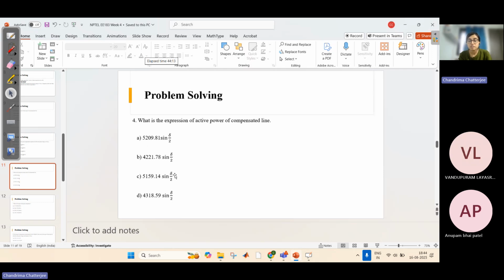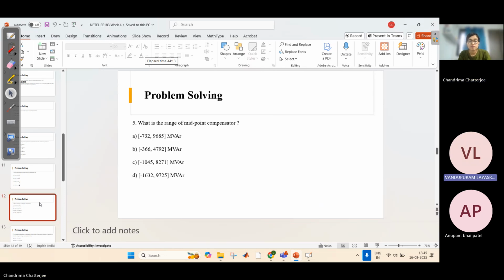But actually, option C should be the correct answer. Is it fine? Later on, you just calculate the angle beta L and check whether you are getting this one. Yes, ma'am.